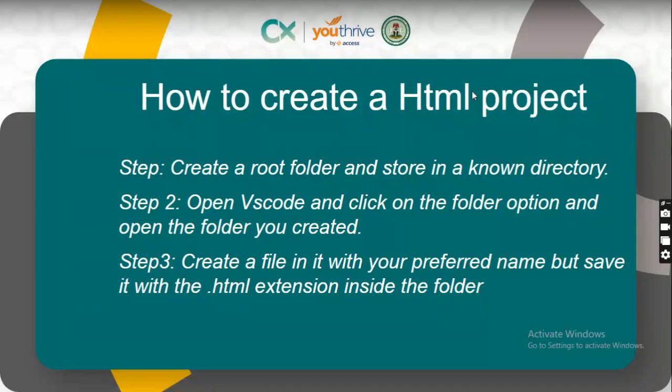Then the last step, create a file inside of it with your preferred name, but make sure the extension is saved as .html inside the folder. Why is this so?